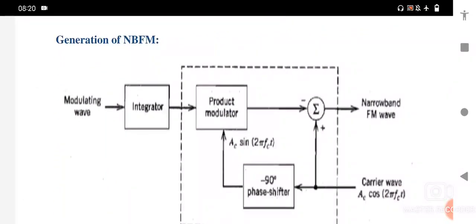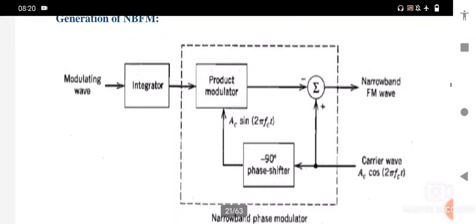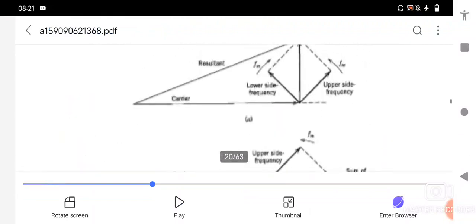Then how do we generate the narrowband frequency modulated wave? This is the block diagram representation of narrowband FM generation. Here we take the modulating signal to an integrator circuit. Before that, there is the relation between the FM and PM wave.